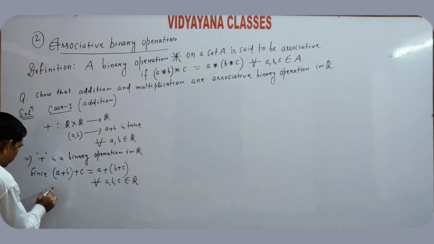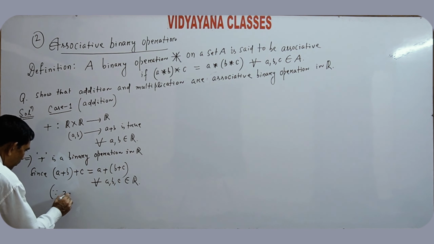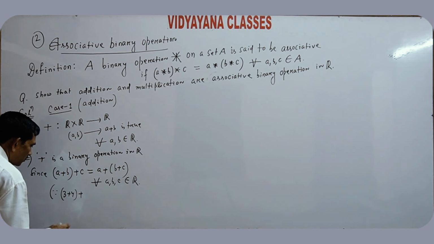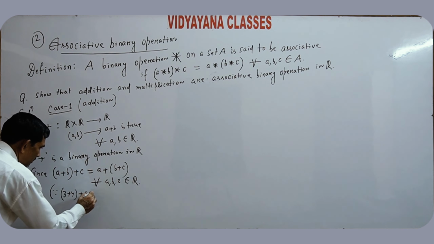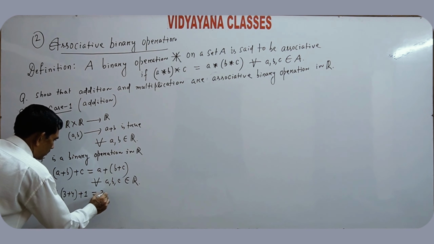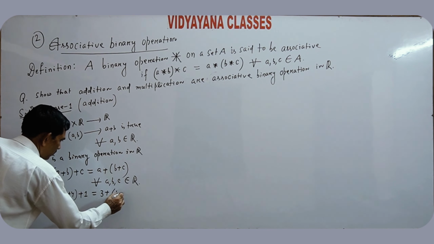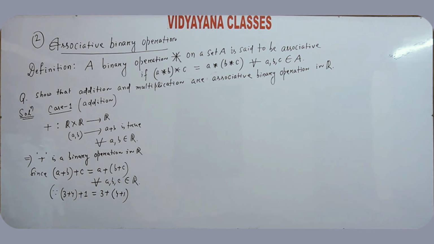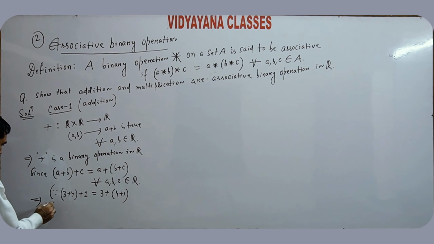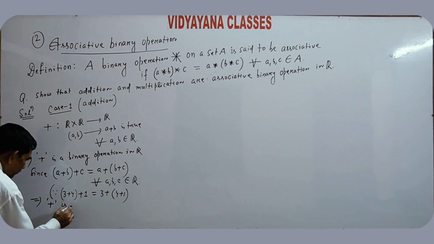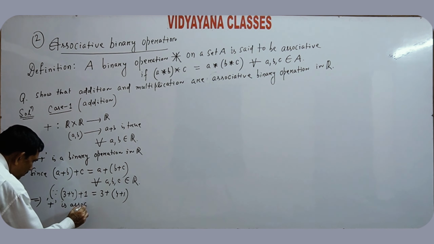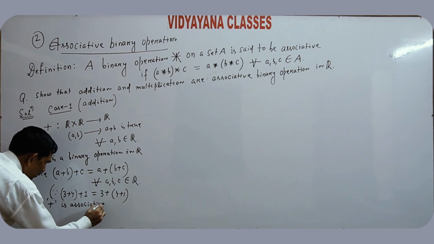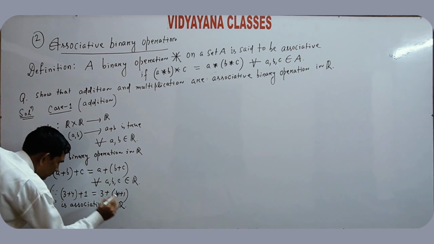For example, 3 plus 4 plus 1 is the same as 3 plus (4 plus 1). It implies addition is associative in the set of real numbers.